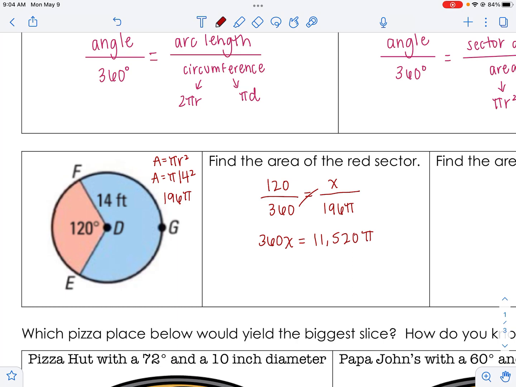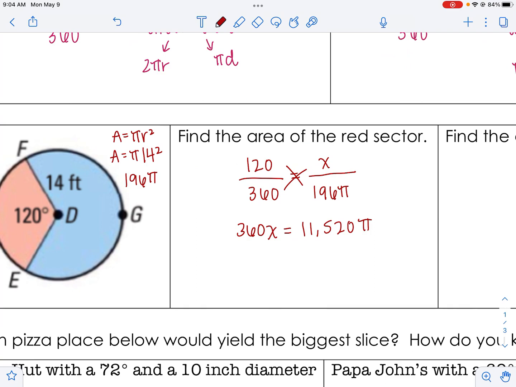And then just to find x, I'm going to divide both sides by 360. So I'm cross multiplying and dividing with these proportions. Part over whole equals part over whole. Cross multiply, divide.